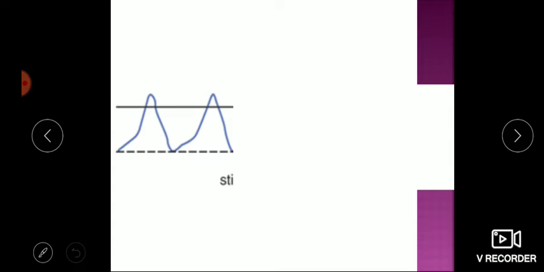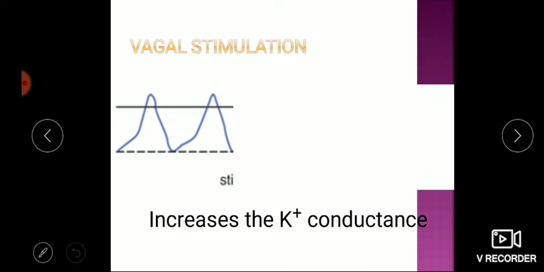Now let's see at the action potential level what happens if there is stimulation of the vagus. If the vagus is stimulated, it will lead to an increase in conductance of potassium. Now if you recall these three events, depolarization is because of calcium, repolarization is because of potassium.